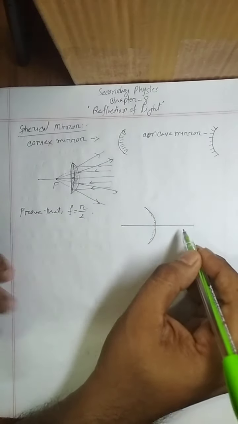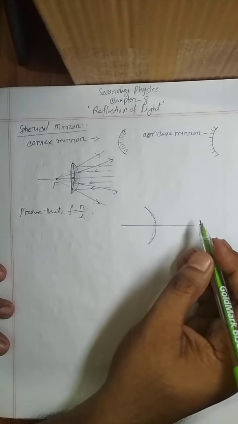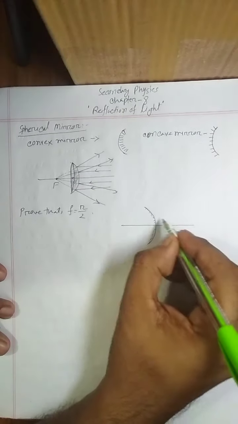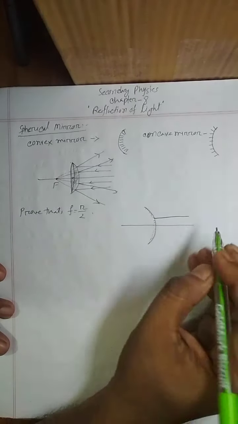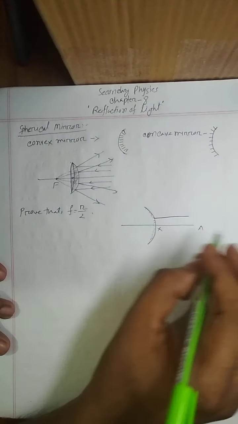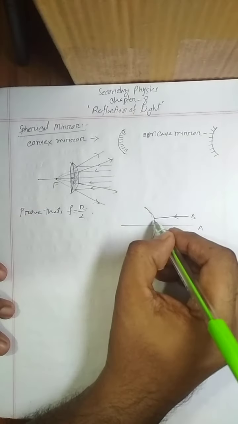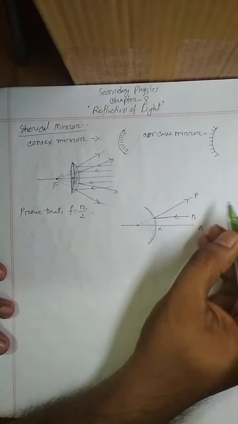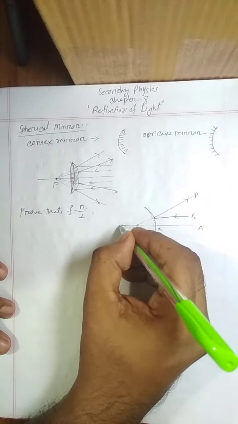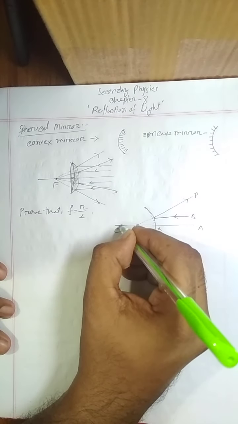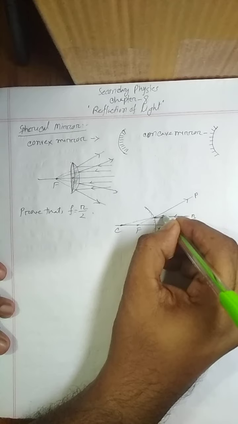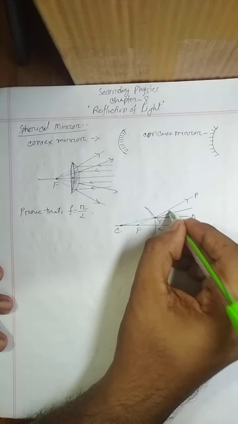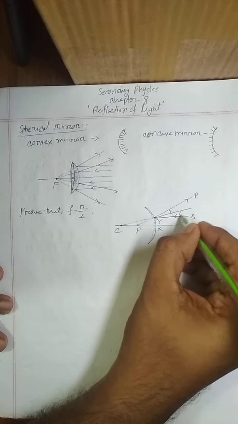This is my axis. A parallel ray of light XA goes through the focus F. P is the pole and this is C. The point is Y. So there are two angles, theta 1 and theta 2.